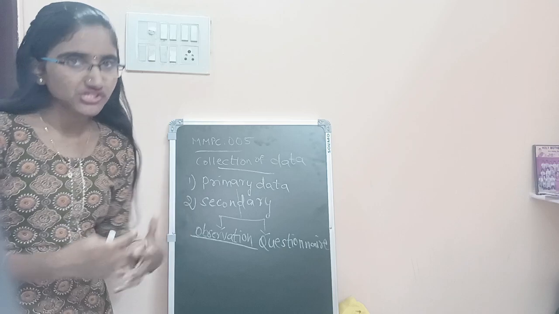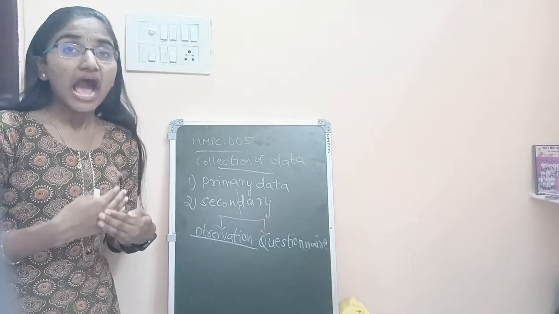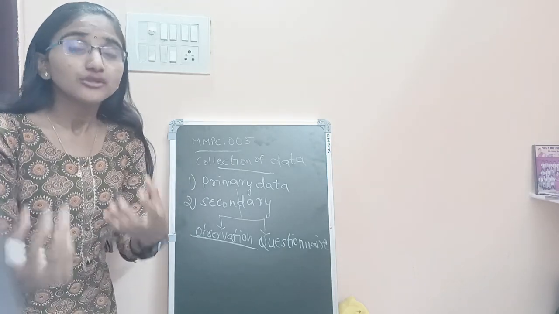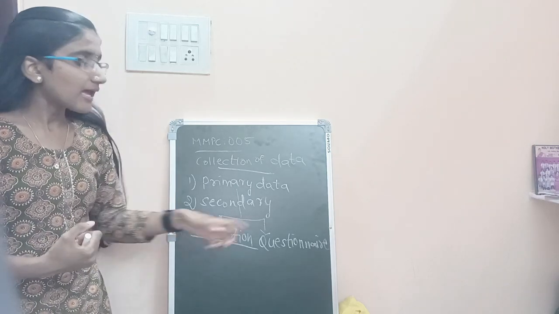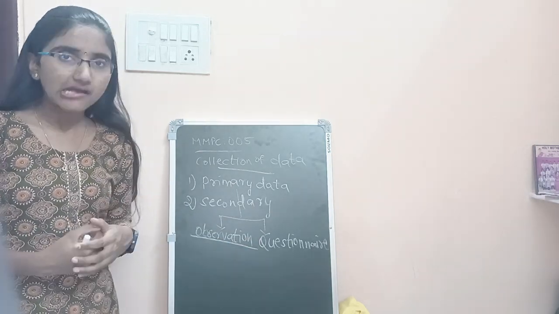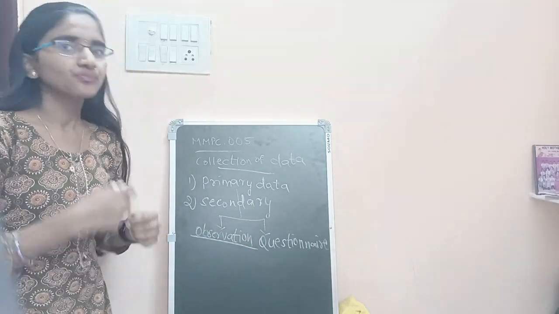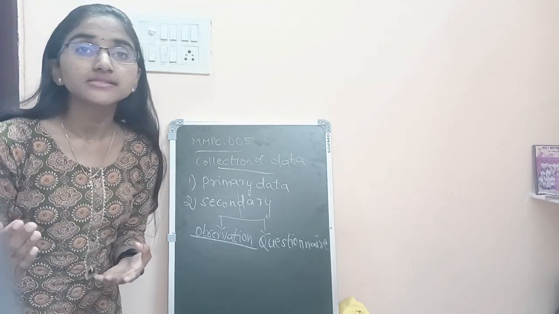Whereas coming to the questionnaire, you generally ask questions in order to gather the data. And this questionnaire can be administered in three different ways. One is through the personal interview.